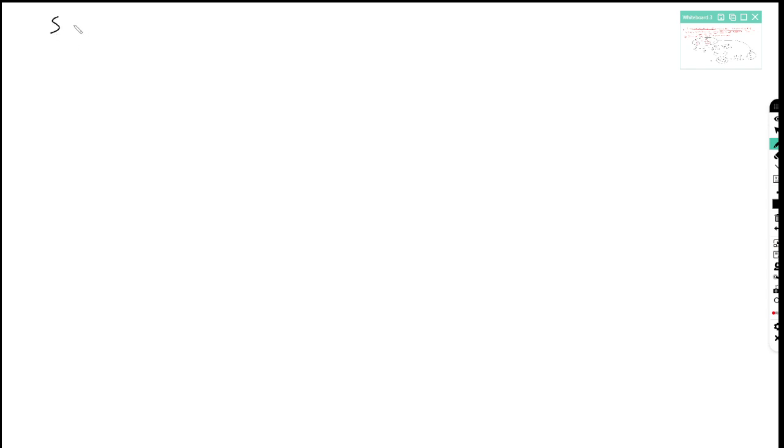Simplify the expression 4 minus 6 over 5.